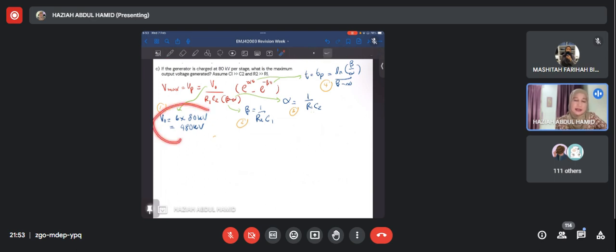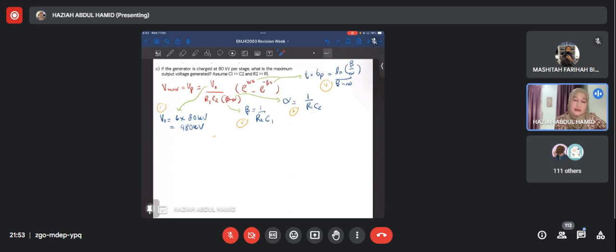Okay, this is the equation VP to find the maximum voltage. This is the equation that we must use and this equation is given in your final exam question. Okay, VP ataupun Vmax equal to VO ataupun VS, whatever, nomenclature yang diguna tu sama je, referring to the same thing.